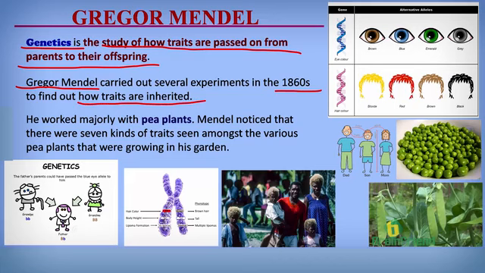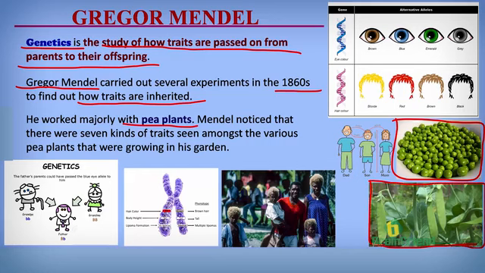He worked with pea plants. So most of his experiments on genetics were done on pea plants. We have the pea plant, the common pea plant, which we use to prepare vegetable rice, fried rice, and so on. This is the pea plant, and these are the seeds. So he performed most of his experiments on the pea plant.